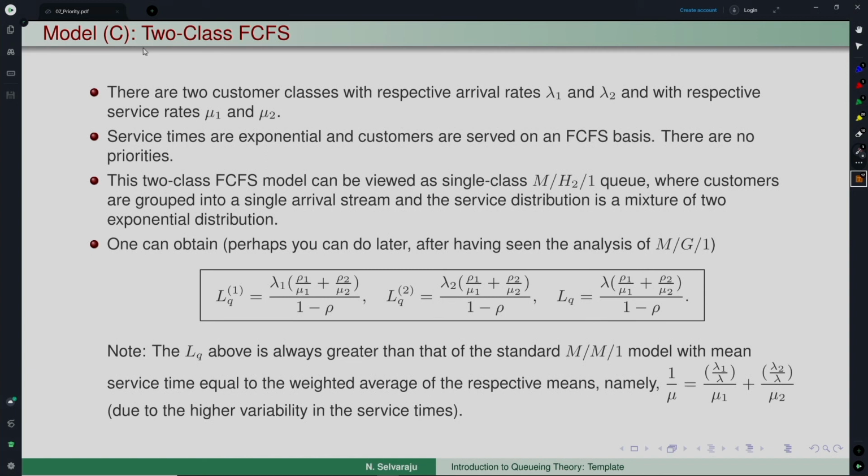It is merely that there are two classes of customers who are being merged into a single queue, but when they are taken up for service, they are served at different rates mu 1 and mu 2, but the picking of customers for service is on the basis of FCFS.